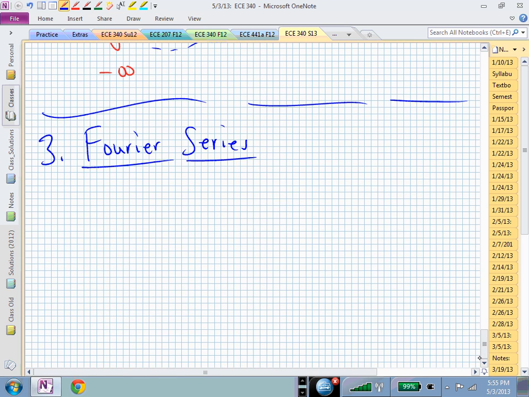And again, with a Fourier series, when does this come into play? When are we worried about a Fourier series? When we have a periodic waveform. And from that periodic waveform, you need to be able to find the fundamental frequency or the period.